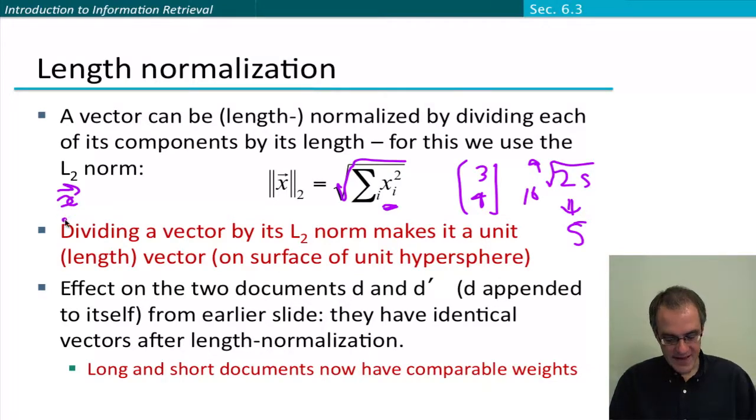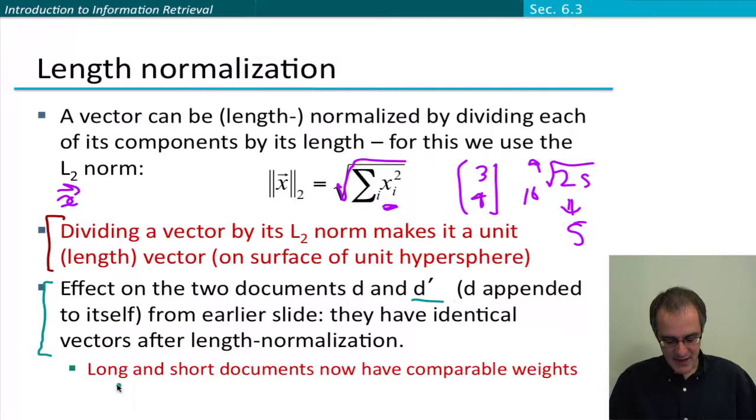Okay, if we take any vector and divide it by its length, we get a unit length vector, which you can think of as a vector that touches the surface of a unit hypersphere around the origin. Now, if we go back to the example we had earlier of a document D, and D appended to itself to give D prime, you can see that if they're both length normalized, they go back to exactly the same position.